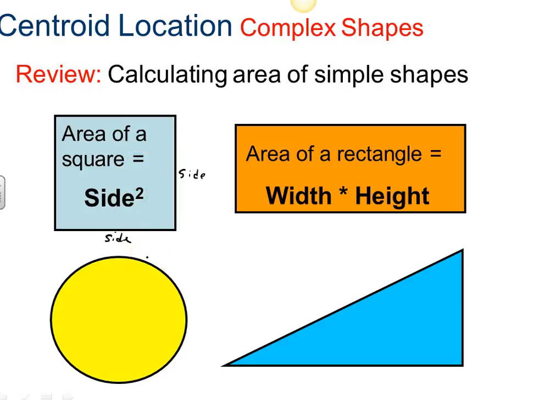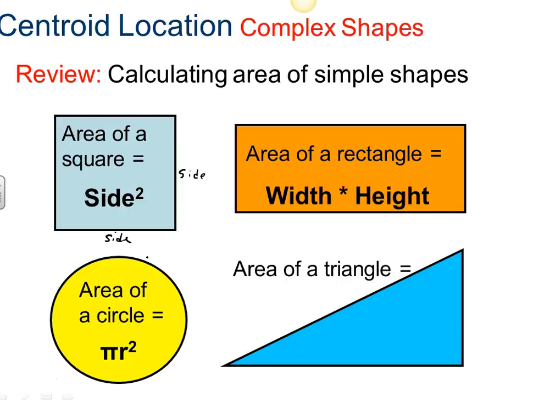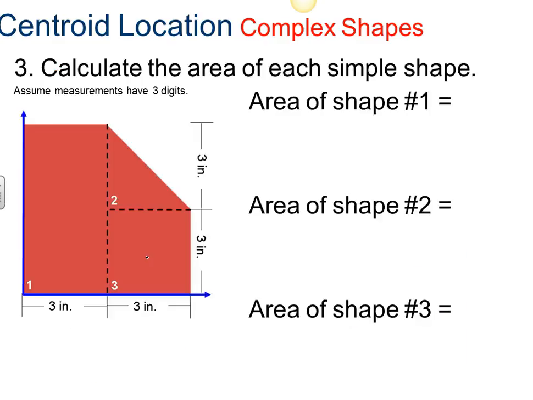The area of a rectangle is going to be width times height. The area of a circle is pi times r squared, and the area of a triangle is 1/2 its base multiplied by its height. These should be equations that you've had experience with before.